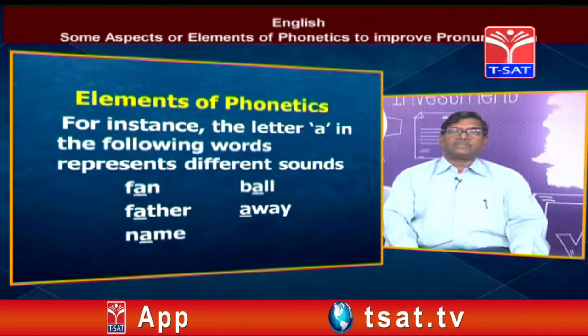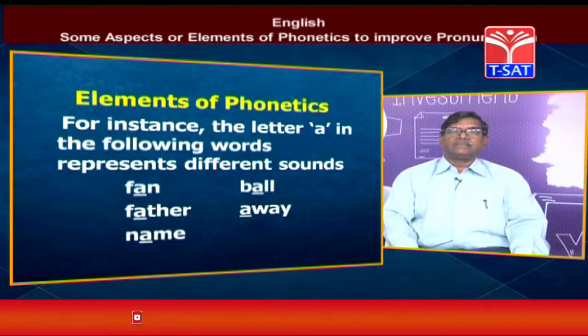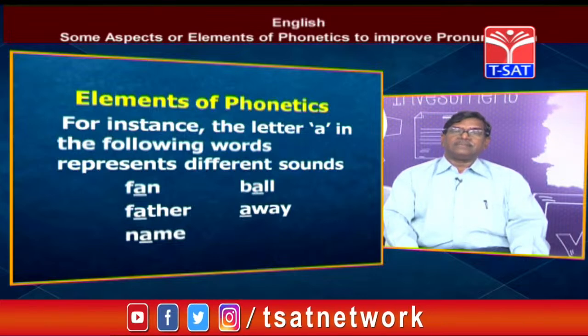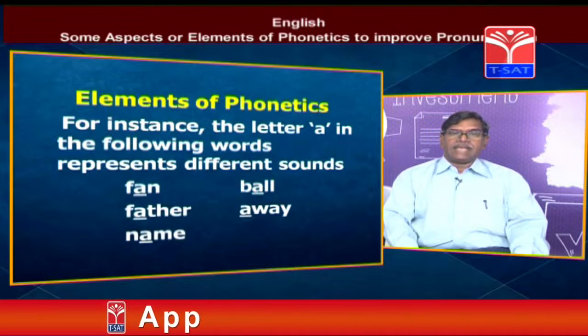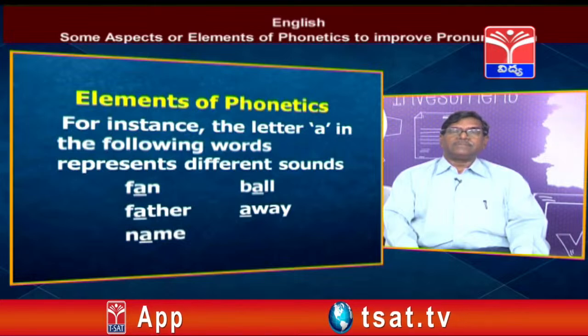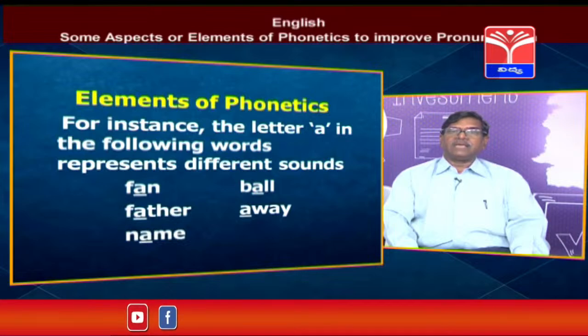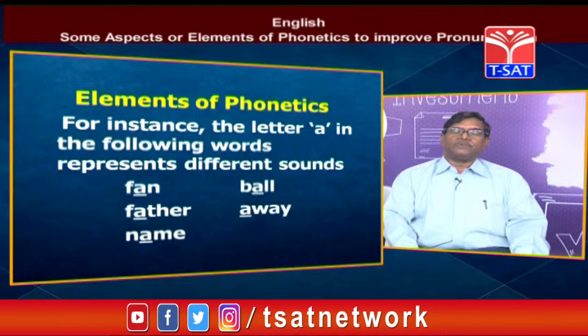So, what are the different sounds the letter A represents? In these 5 words, 5 different sounds are being represented by the letter A. So, that way, in English, a letter of the alphabet represents more than one sound.